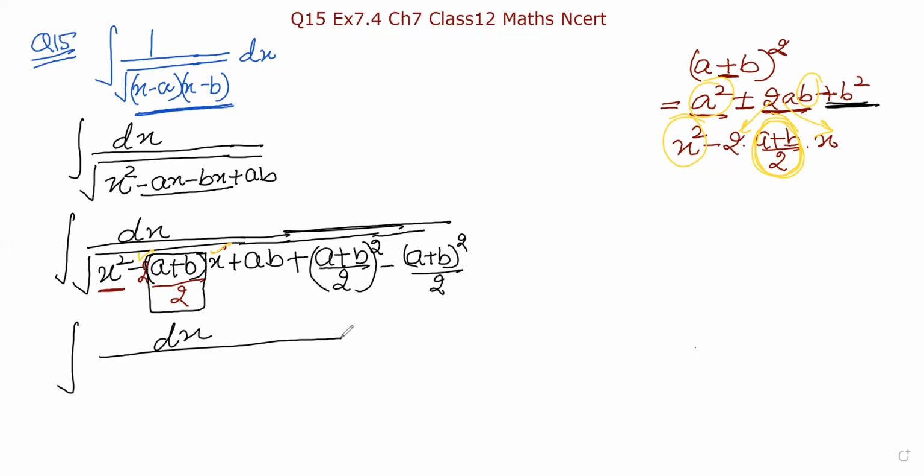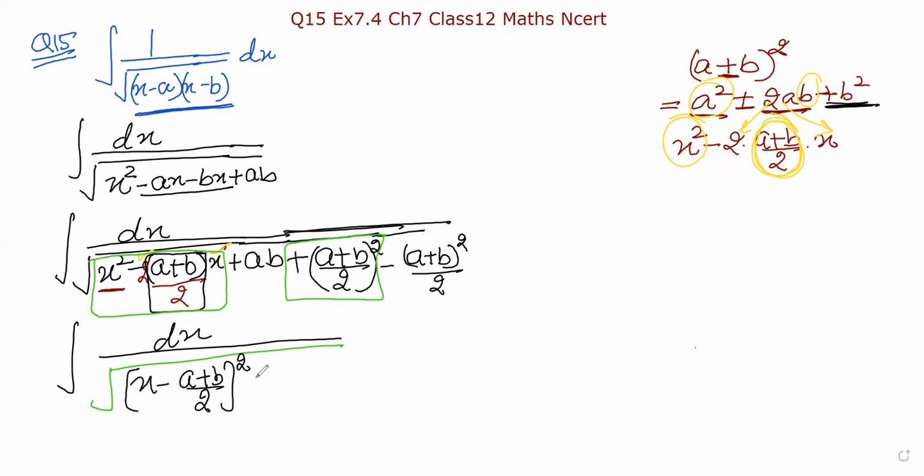Now, if I see the terms x square, this term, and this term, this can be written as (a minus b) whole square. And (a minus b) whole square means x minus (a plus b) upon 2 whole square.